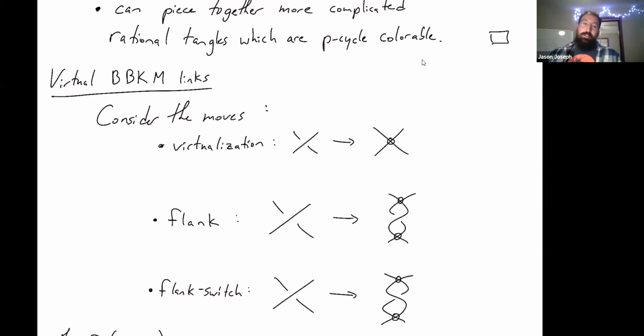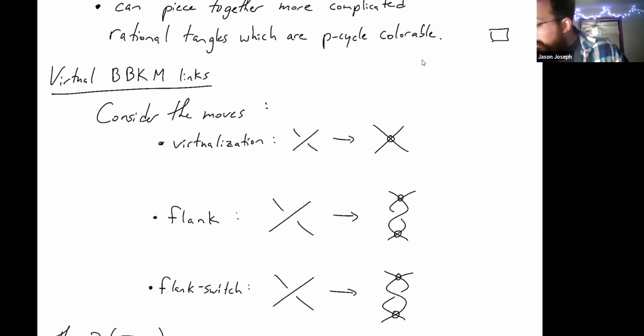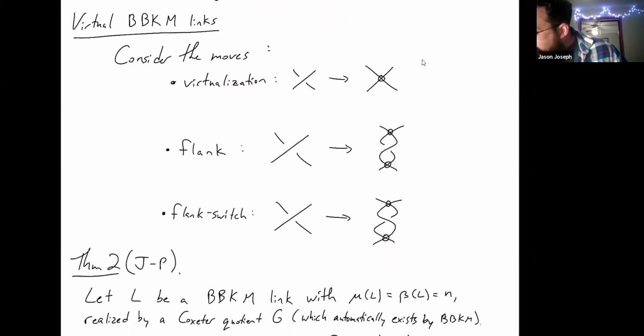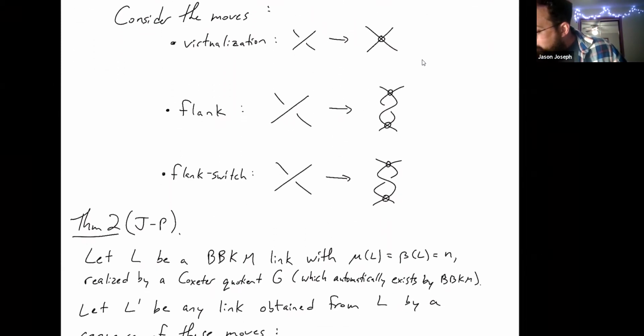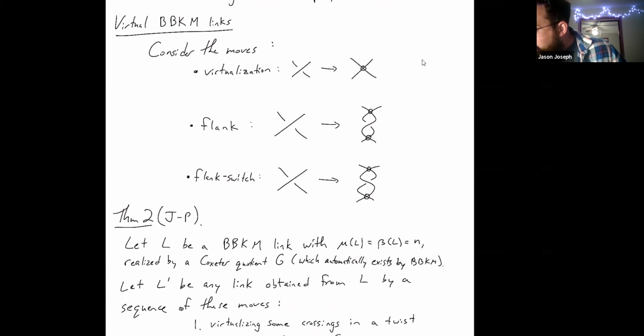You can flank a crossing by 2 virtual crossings. And you can do a flank switch, which is where you flank it and then also switch the sign of the crossing.